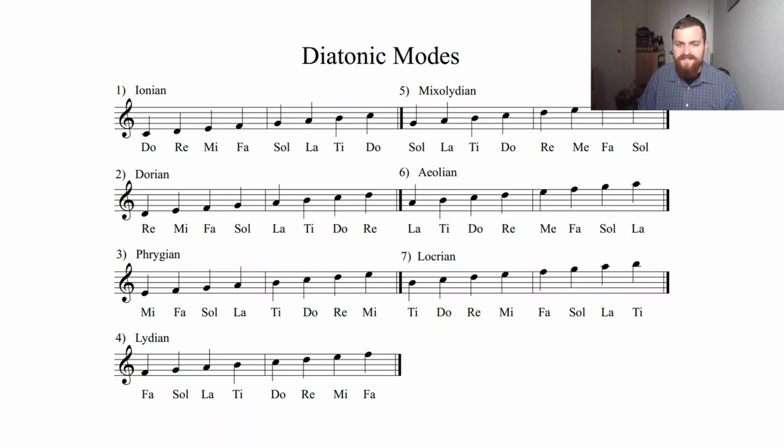Okay, so let's move on to 5, mixed Lydian. So here's Do again. Here's mixed Lydian. Here's Sol. Okay. So, C major scale, starting on G. 1, 2, 3, 4.